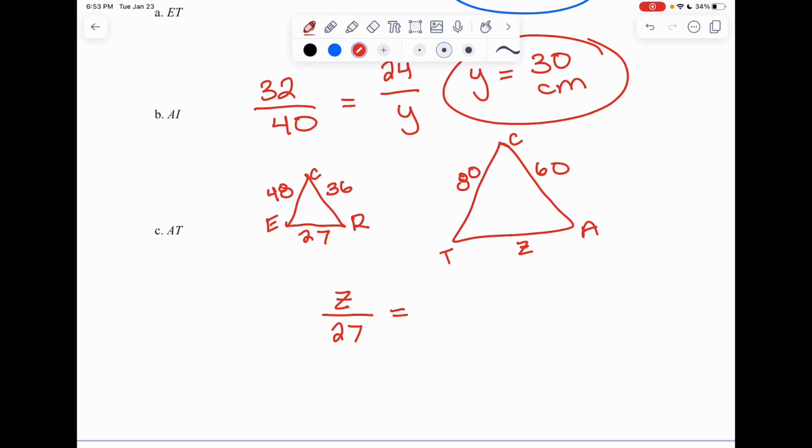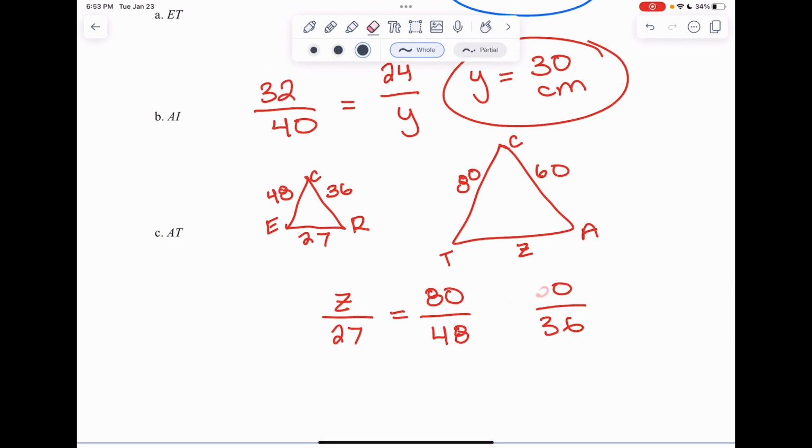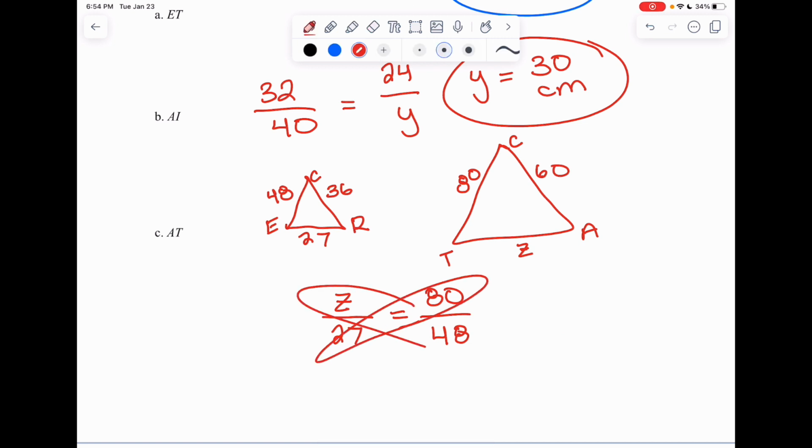So I could either use 80 over 48 or 60 over 36. Either one is fully completed and either one would work. I think I'm going to go ahead and go with the 80 over 48. And if I cross multiply and solve, I would get that z is 45 centimeters.